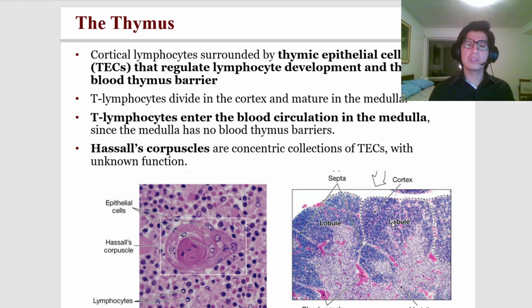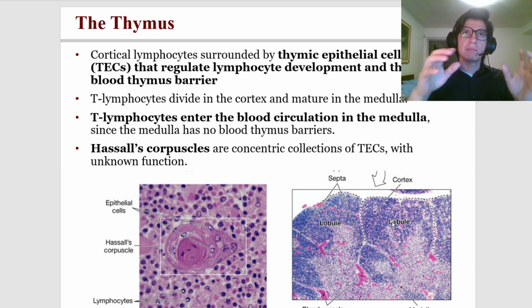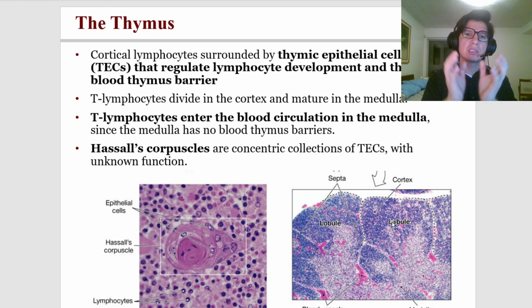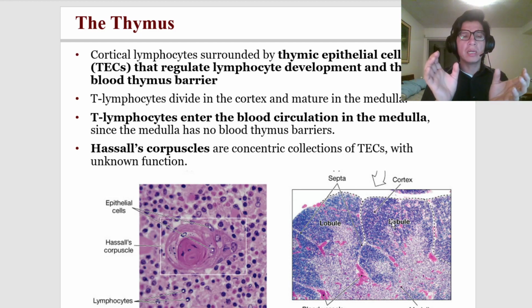So for the most part, you're going to see a theme within lymphoid structures. You have the core of these follicles, of these areas rich in lymphocytes, having a germinal center where there's cell division when needed, and you have the outer portion having the functional lymphocytes.